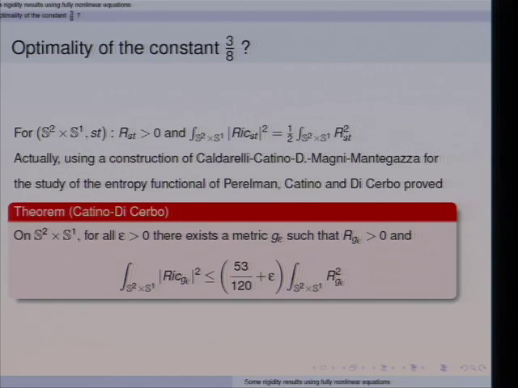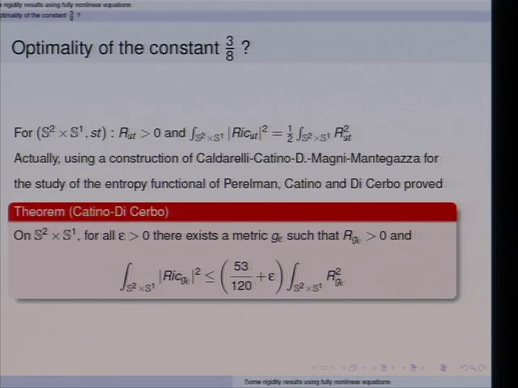And the interesting fact here is that for epsilon small, this is strictly less than 1/2. So it means that actually the best constant you can put in your pinching is not 1/2. It's smaller than 1/2. So for the moment, we don't know exactly what this optimal value is. My guess is that the optimal one is 3/8, but we cannot prove it for the moment. We're still working on this.